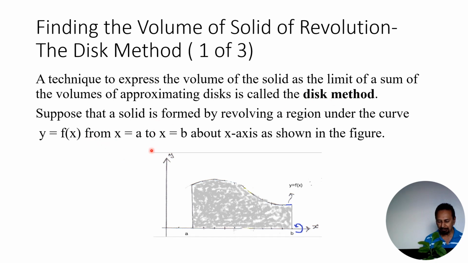Suppose that a solid is formed by revolving a region under a curve. This is your curve, and these are the boundaries, x equal to a and x equal to b, and we're going to revolve this region about the x-axis.